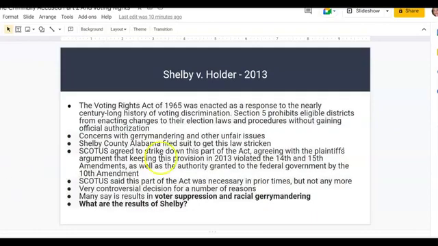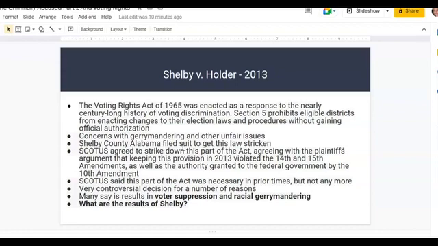All right, the last case we'll look at is the Shelby versus Holder case, and this is controversial for a number of reasons. The Voting Rights Act of 1965 had some certain provisions that were meant to last a long time.